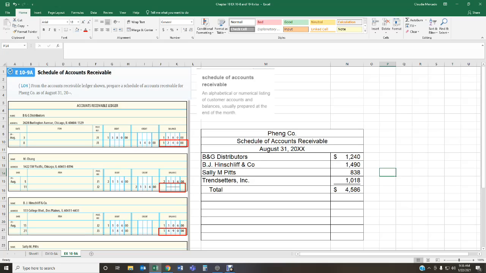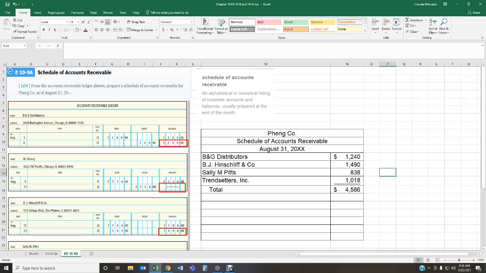You can go a little bit further. When I used to work, we not only included the balance, but we also included the number of days that these receivables had been sitting in our books. That way we could see that B&G Distributors owes us $1,240, and this balance has been outstanding for 138 days. So we would go that extra mile.